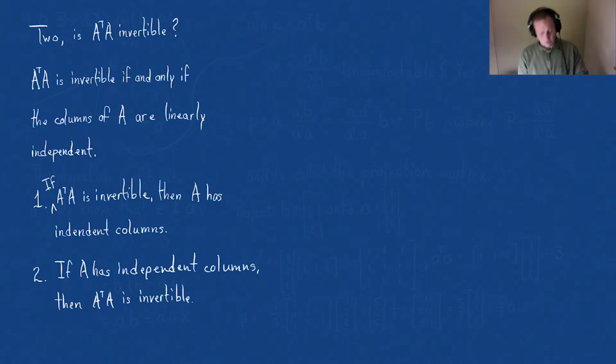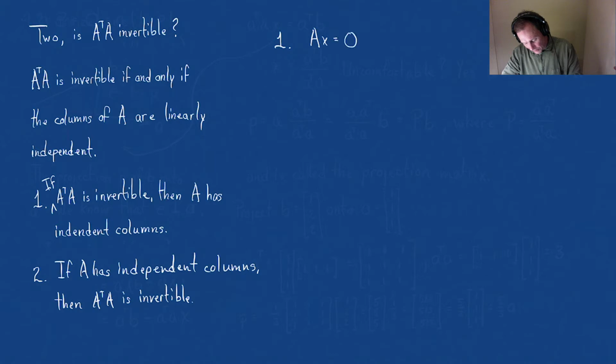Well, the way we're going to do this is we're going to have to show a few things. So let's think about what these mean. For number one, to have independent columns, we have to show that AX equals 0 means that X is only 0.